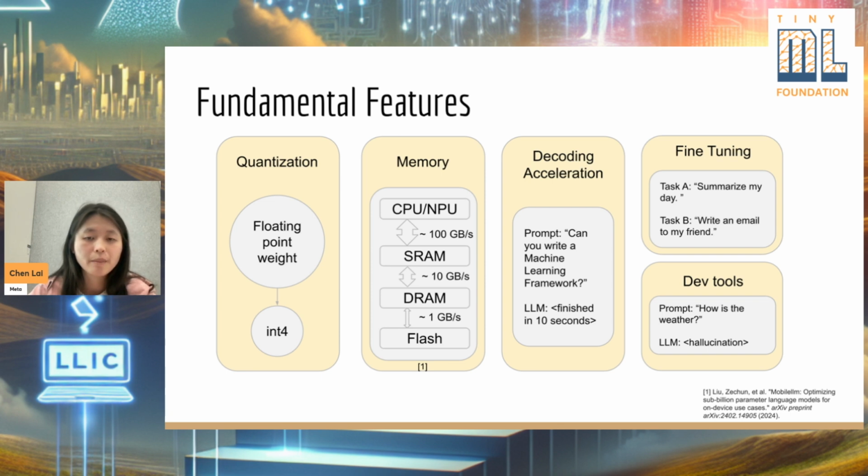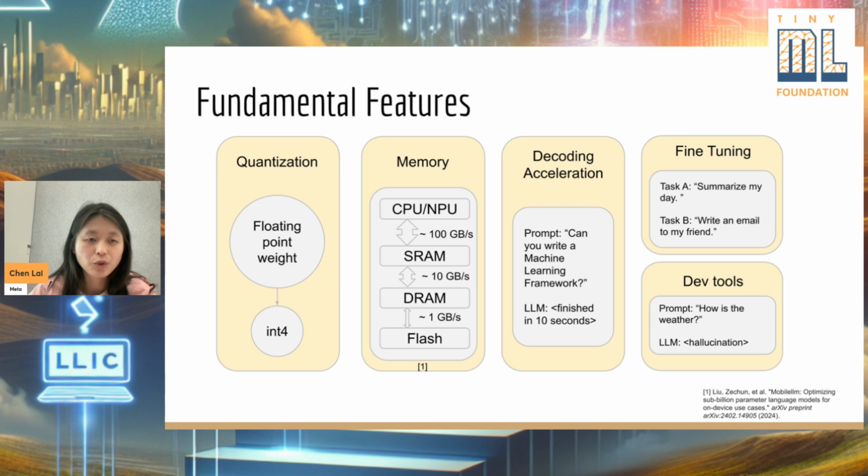The bandwidth among different memory regions is really different, and we need to plan them carefully, especially when we are memory bound. Decoding acceleration: users just want to get the result right away when they type the prompt. Fine-tuning: we would like to fine-tune different LoRA adapters for different tasks, like summarization and writing emails. DevTools: it's a pain to debug accuracy and profile.